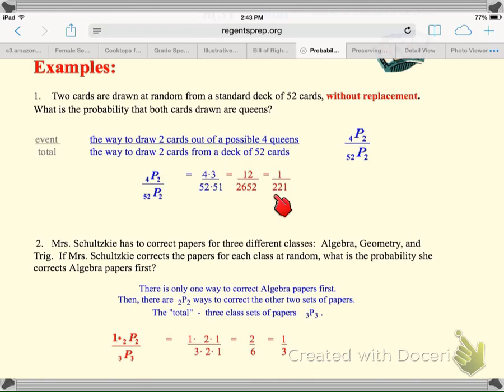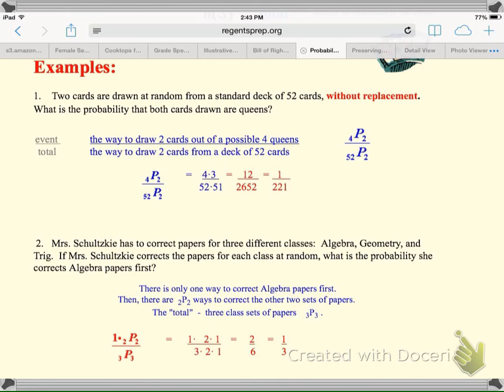So again, I want you to think about this. If you were drawing all the queens, instead of 2 cards, it was 4. If 4 cards were drawn at random from a standard deck of 52 without replacement, this would be 4p4, and then this would be 52p4, and this would be 52 times 51 times 50 times 49.